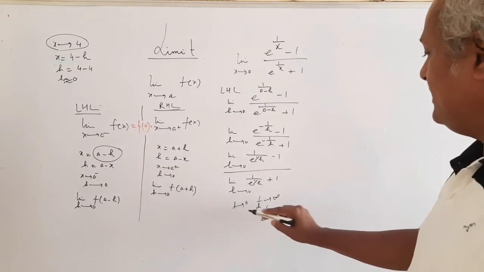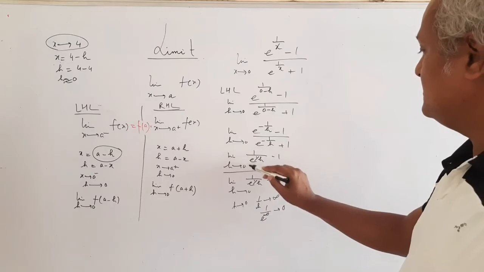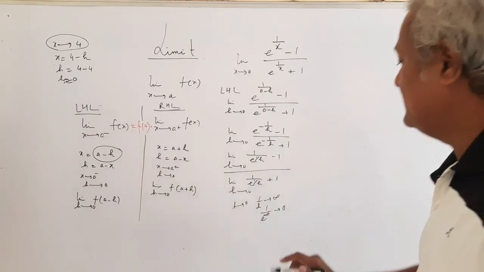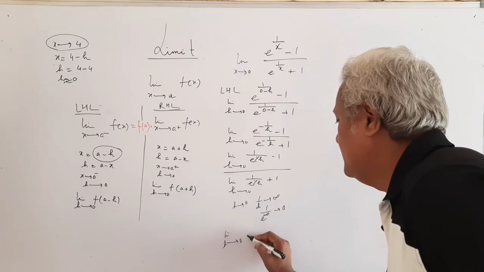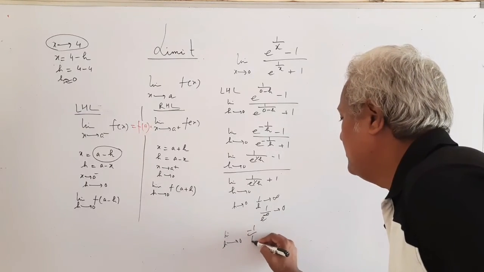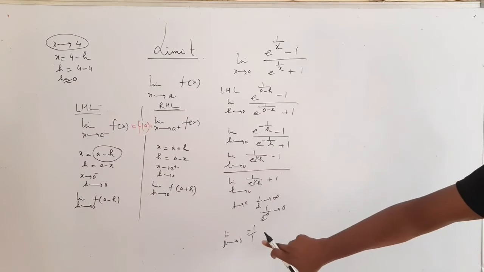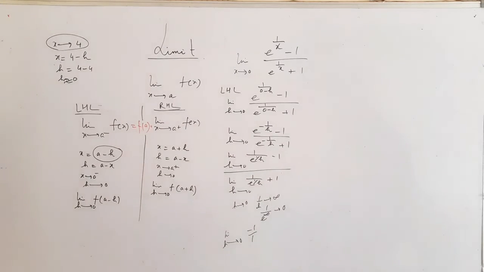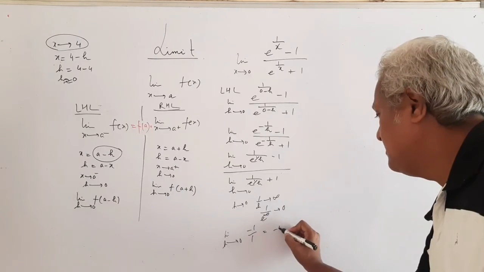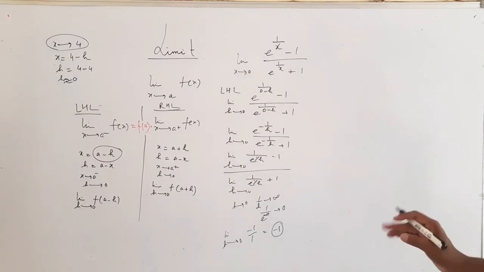So if I put the value h tends to 0, this quantity becomes 0. So I'll get minus 1 and then 1. So limit h tends to 0, and then I get minus 1 over 1. Do you see this part clearly? Minus 1 over 1. So here our answer is minus 1. So the left hand limit's answer is minus 1.